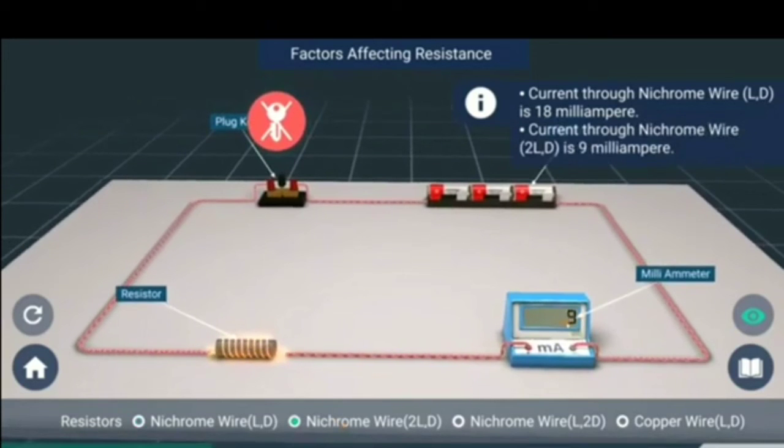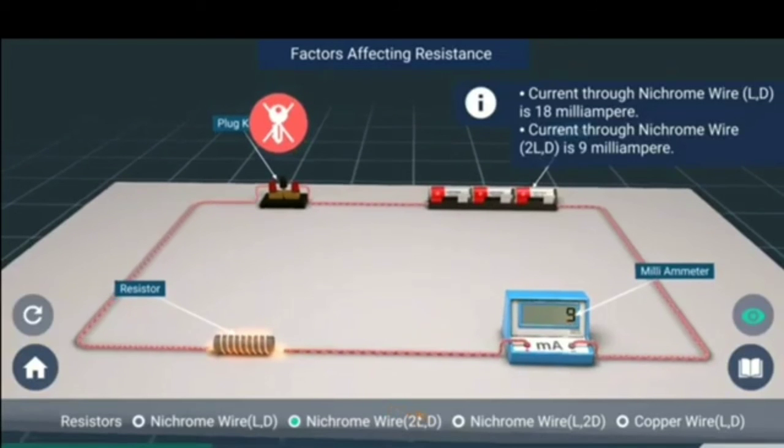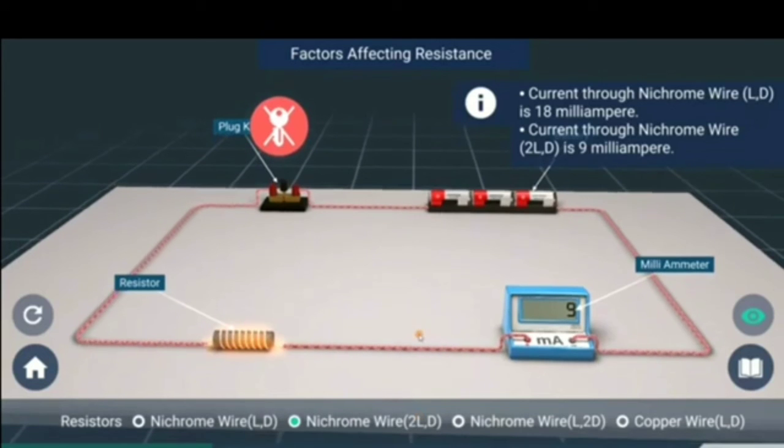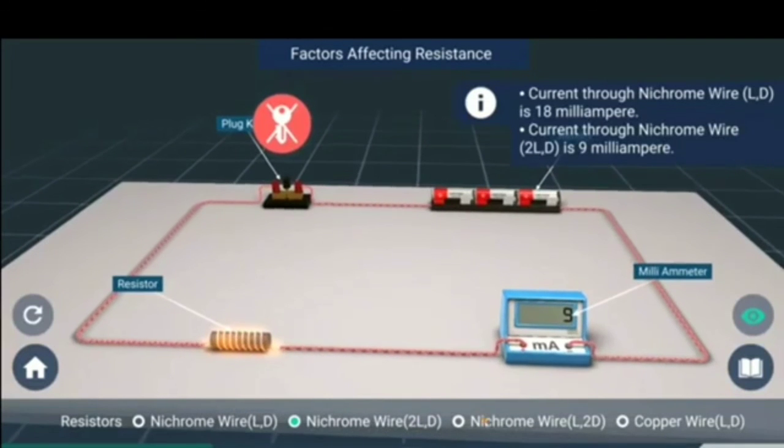In the second case, the length of the conducting wire is increased to twice, but the diameter remains the same, and the current reading is 9 milliamperes. As the length is doubled, keeping the cross-sectional area the same, the current is reduced.